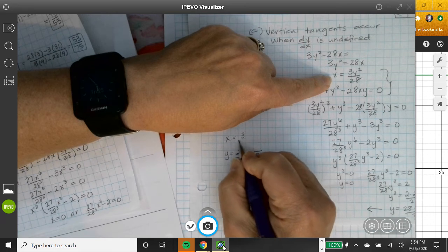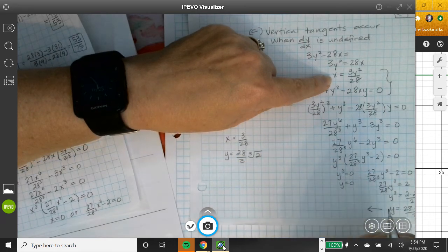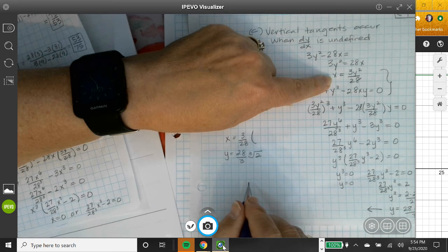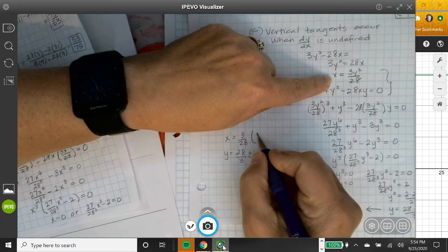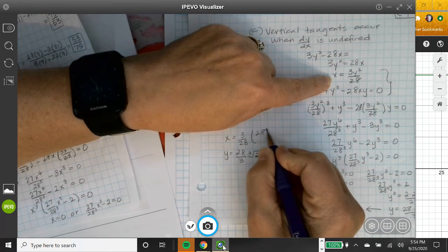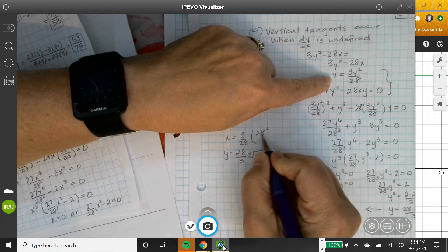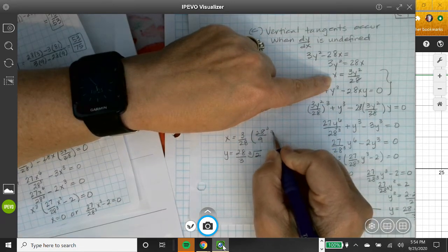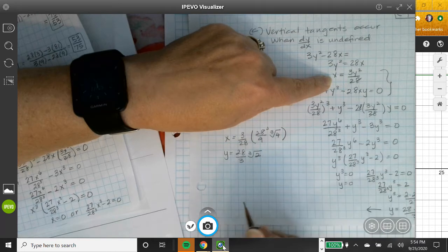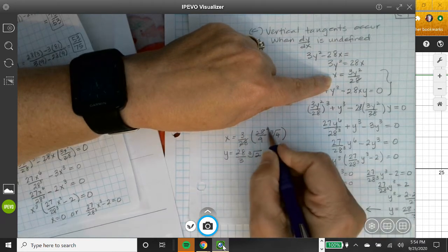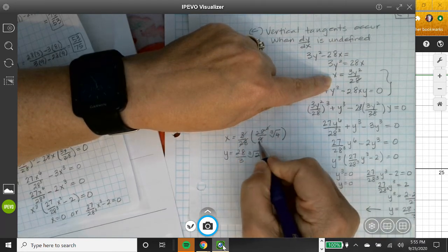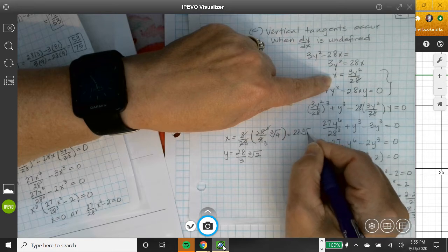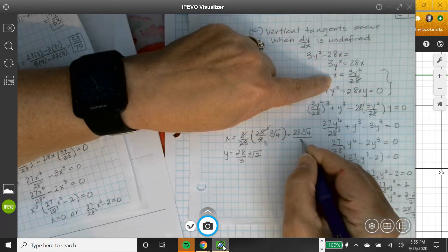3 over 28 times 28 squared over 9 cube root of 4. This 28 cancels with one of them, this 3 goes away with the 3, and I get 28 cube root of 4 over 3.